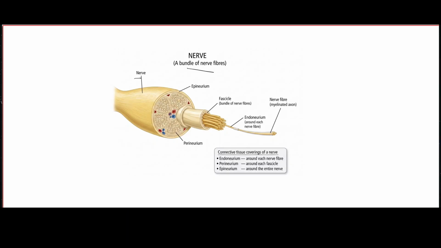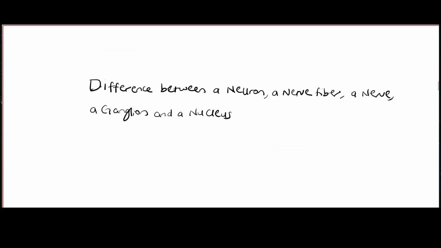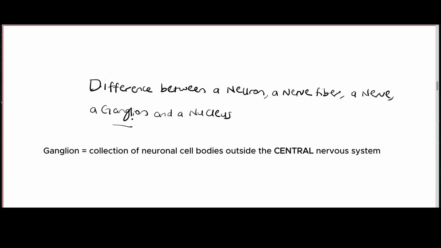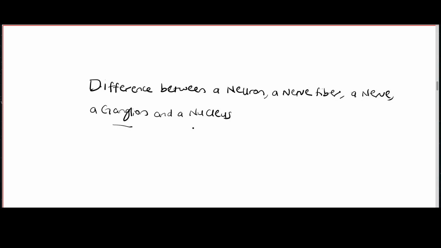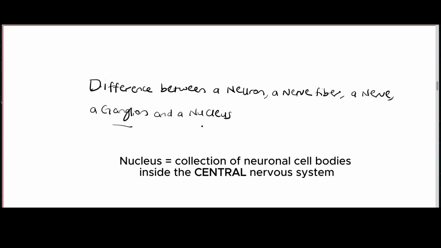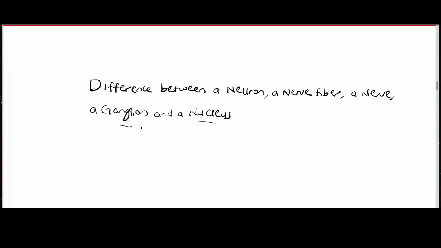All right, now previously we talked about a ganglion, and we said a ganglion is a collection of neuron cell bodies outside the nervous system. But when you have a collection of neuron cell bodies inside the nervous system, it is called a nucleus. So that's the difference between a ganglion and a nucleus.